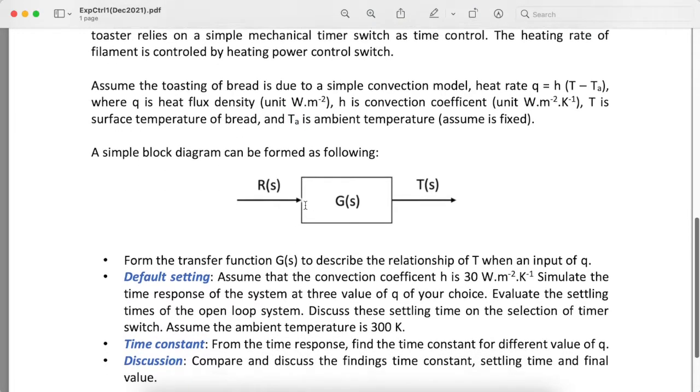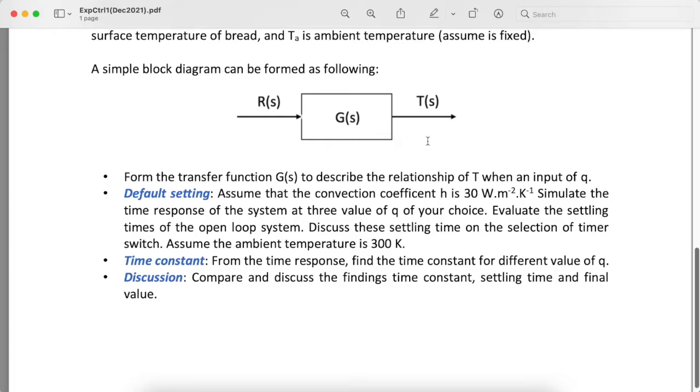So what you need to do is just fill up this simple block diagram, and the main difficulty, I guess, that you will face would be this G, to get the transfer function to describe the temperature T and the heat input Q over there.